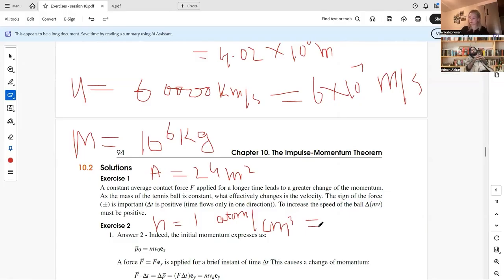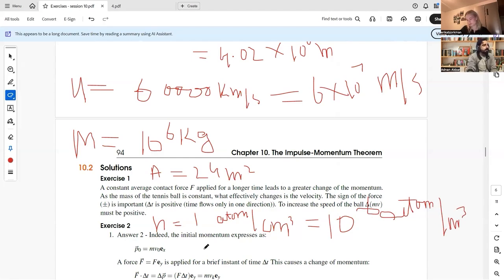If you want to move from centimeter to meter, you need to divide by 10 to the power 2. If you want to move from centimeter cube to meter cube, you need to divide by 10 to the power 6. As it is already in the denominator, it will become 10 to the power 6 atoms per meter cube. That is the number density of atoms.